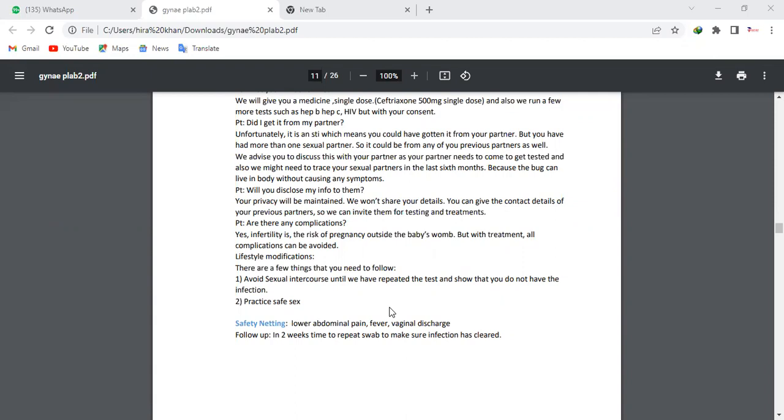But you should know that your partner's health is your priority, and as you have been diagnosed with it and you have been in sexual contact with your partner, he is at risk of catching the infection, and this infection has some complications as well, and it can spread to other people as well. Are you following me? So your and your husband's health is our priority, so that's why we need to do this.